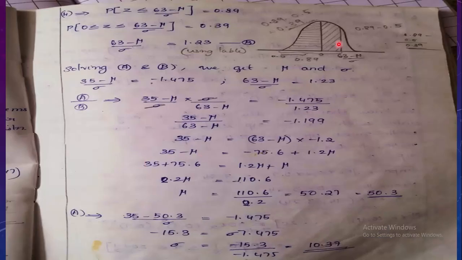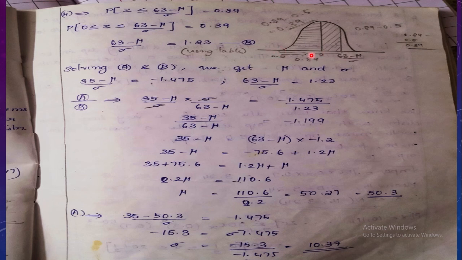Now let's see, when I draw the curve, we know the whole area is 1. From minus infinity to 0 it is 0.5, and from 0 to some point like 63 minus mu by sigma is your 0.89. The area from here to here is 0.89. Now what is the thing that we have to find out? We have to find out this area. So we know that the full area from here to here is 0.89.